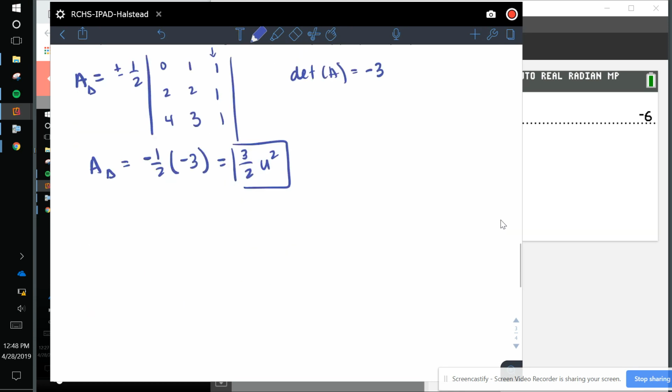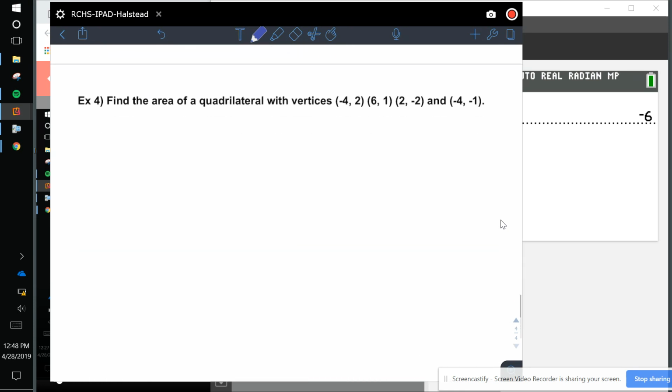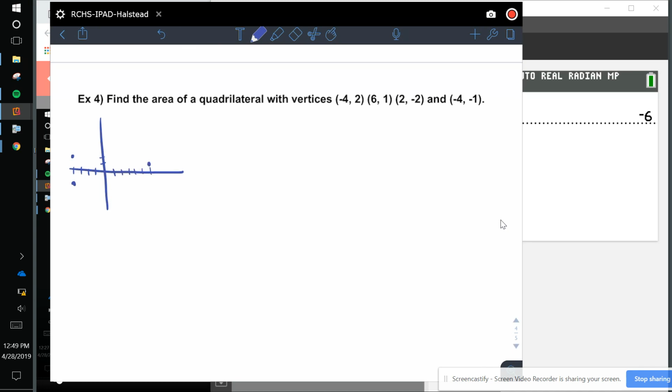All right, last one. What about if I have a quadrilateral? Quick sketch. The points are -1, 2, 3, 4, 2, -4, -1, 6, 1, 2, 2, and -2.